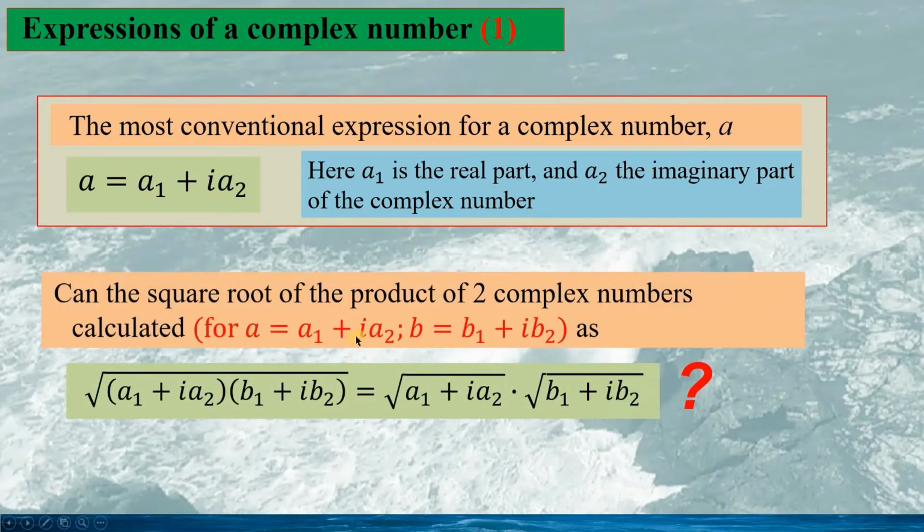And if we want to calculate the square root of the product of two complex numbers, for instance, the complex numbers A given as this, B given as this. So the square root of these two complex numbers can express the product of complex numbers as this.